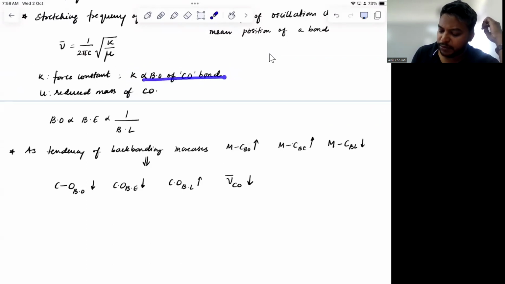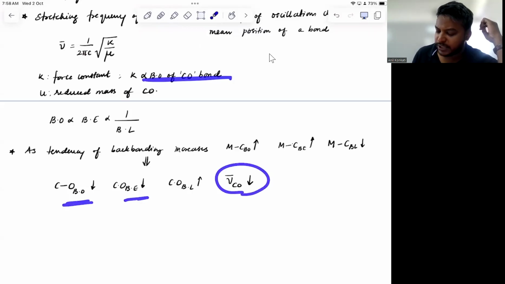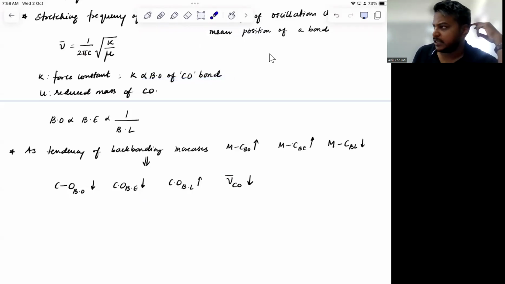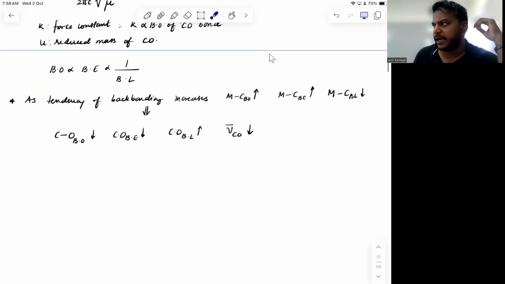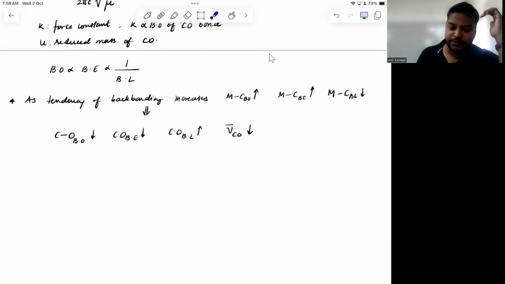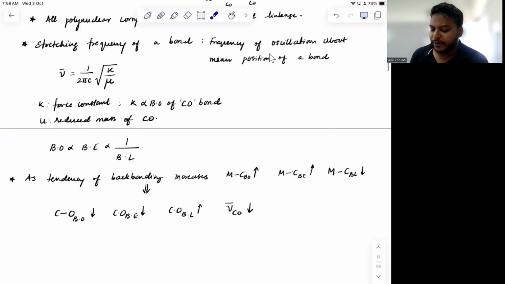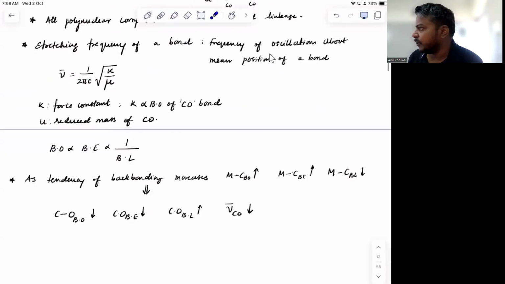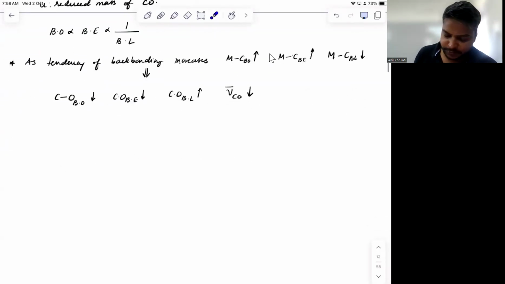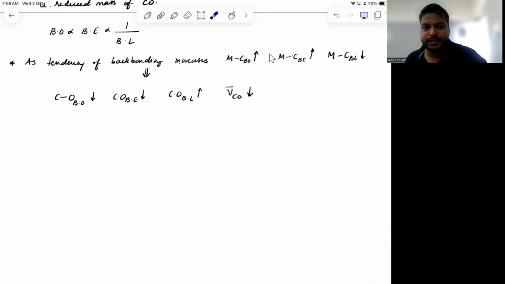Bond order of carbon monoxide will decrease. Bond order decreases. So what happens to the stretching frequency? It decreases. Clear? So in all these cases, please make sure relate stretching frequency always with bond order. Fundamentally, how it is coming, I hope all of you are clear with that.